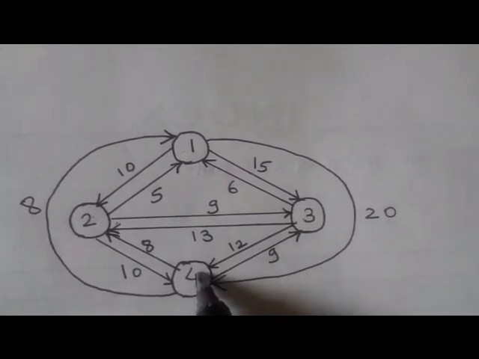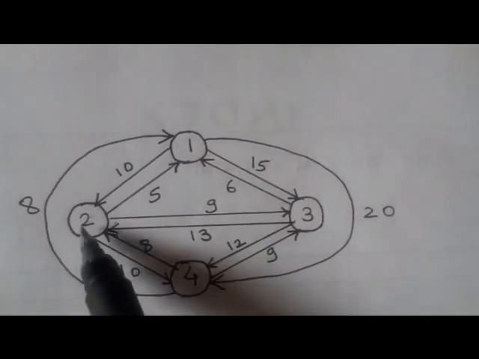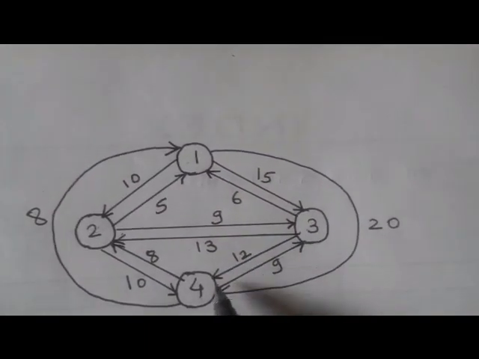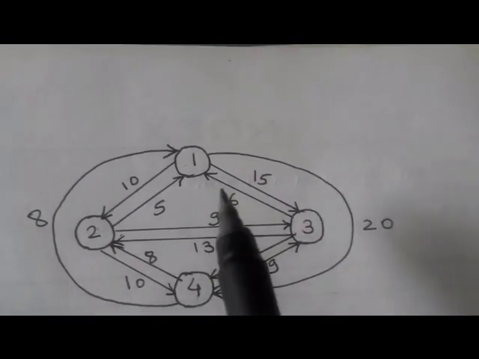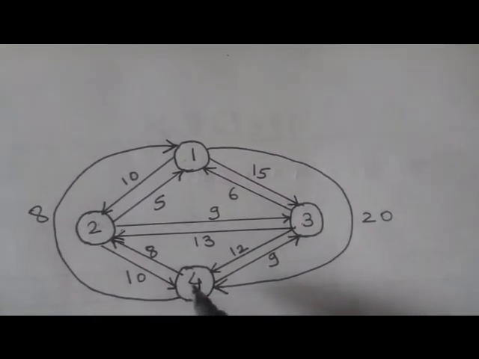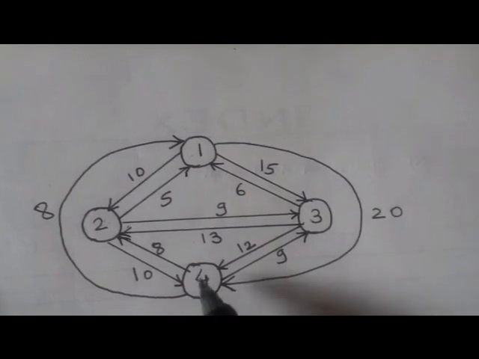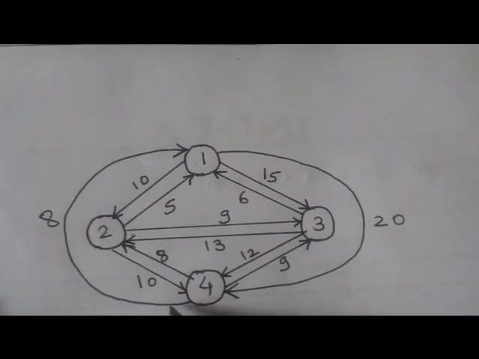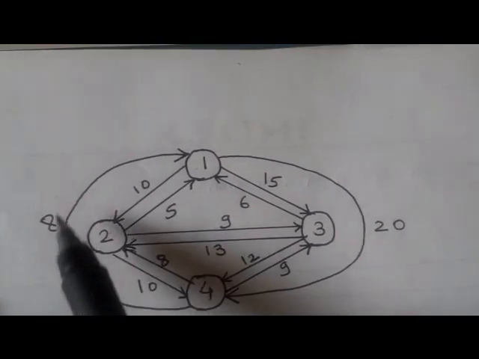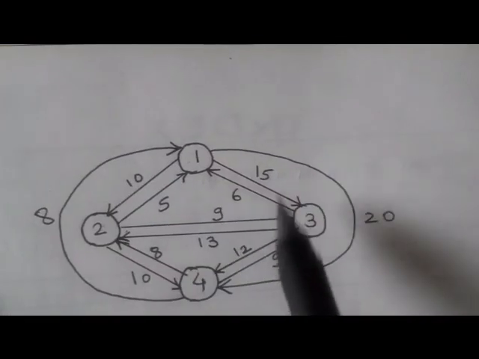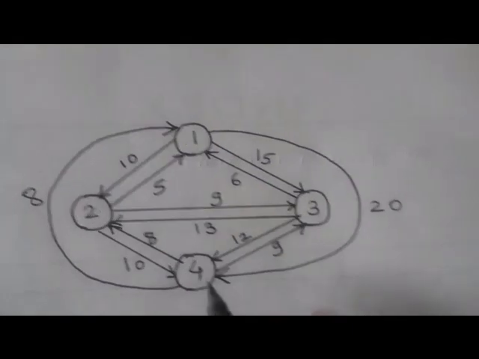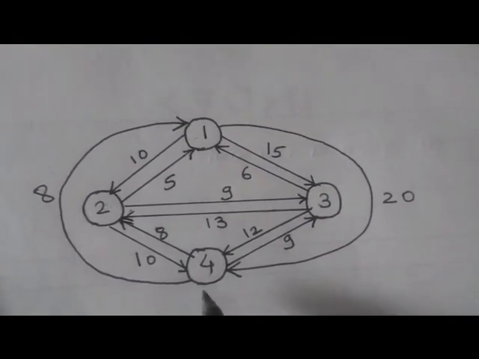Now we have visited all the vertices, via 1 to 2, 2 to 3, 3 to 4. Now we have to return to the starting position, so we will use the edge 4 to 1. Its cost is 8. In this way, this is our one Hamiltonian cycle.